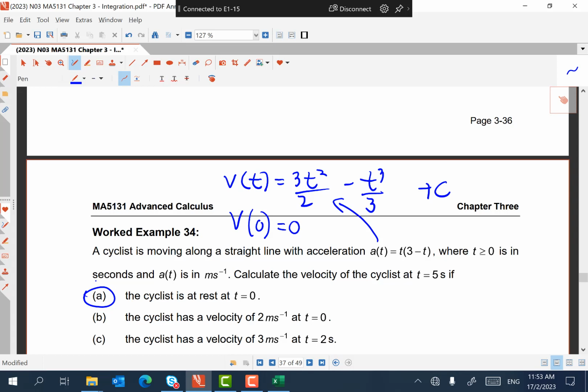Another way of going about it is that you can actually integrate from 0 to t of Ax dx equals Vt minus V0.